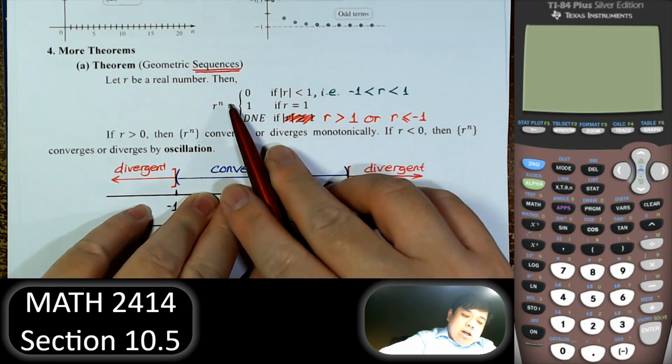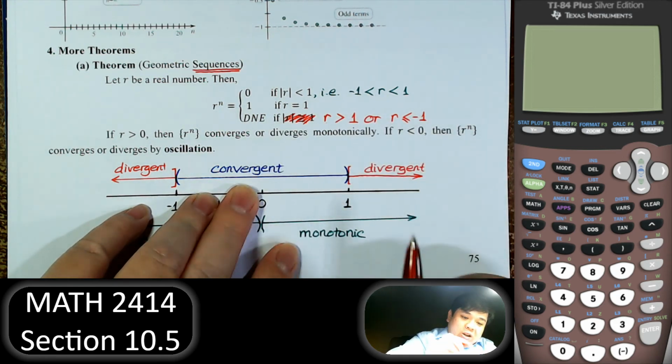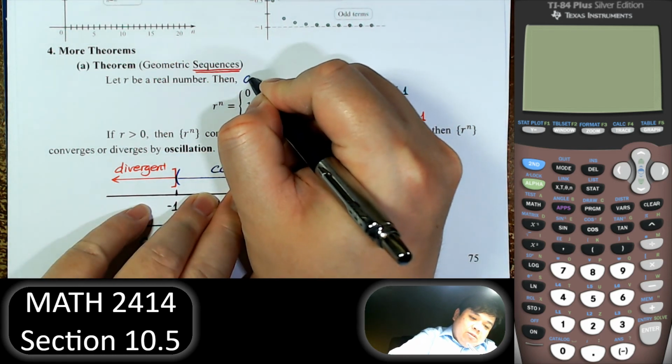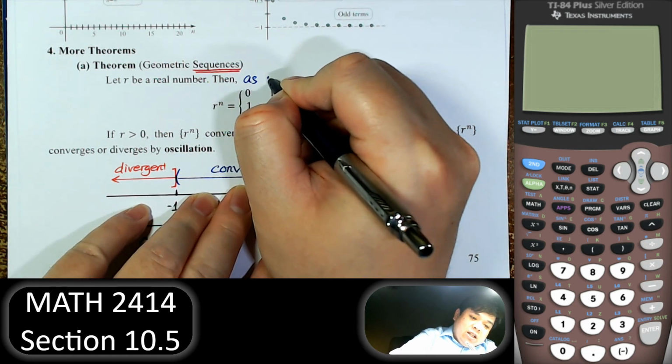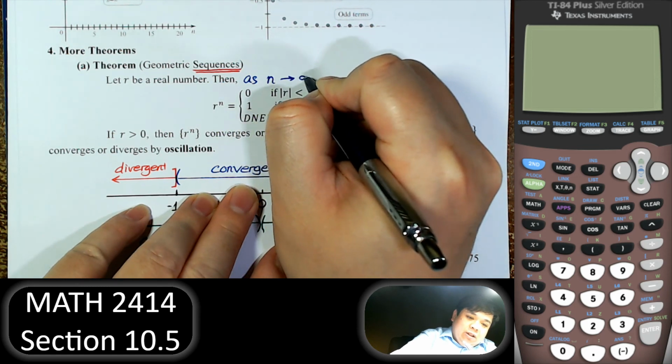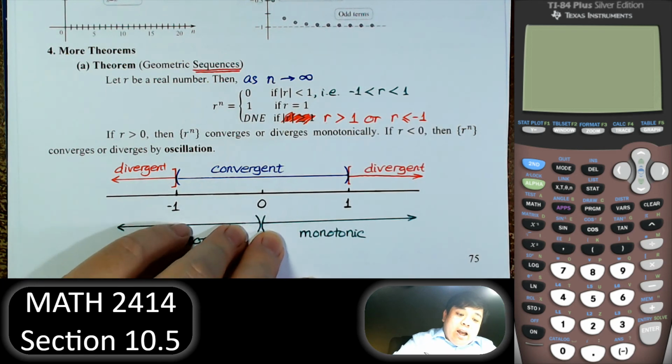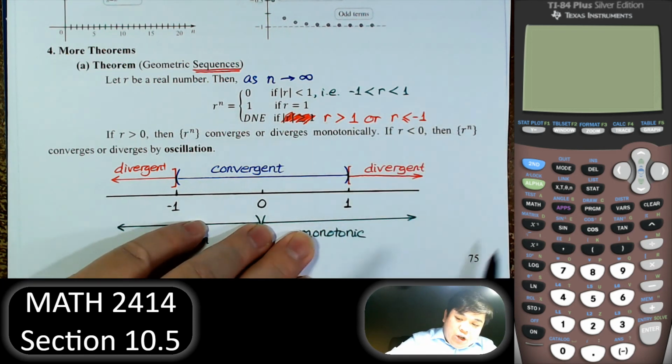This should be precisely the behavior if we add r to the n as n goes to infinity. So we have to change this here.